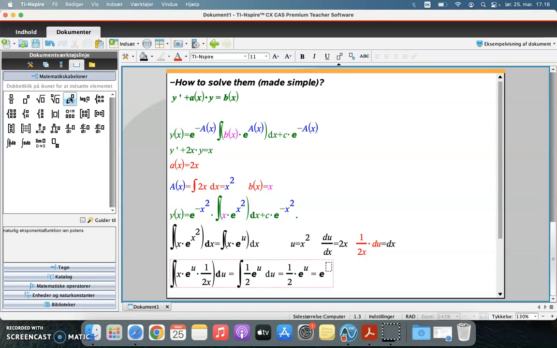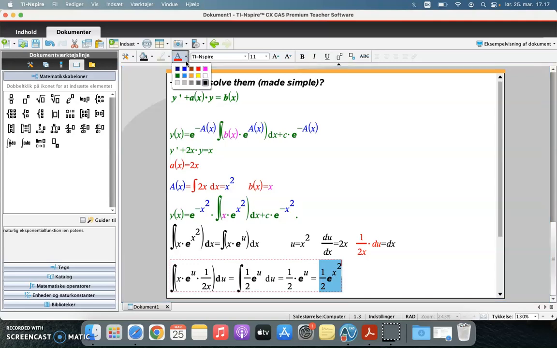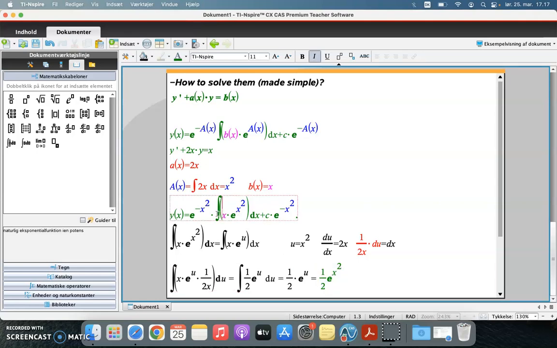Then we substitute back. u was equal to x squared, meaning this here is equal to this part.